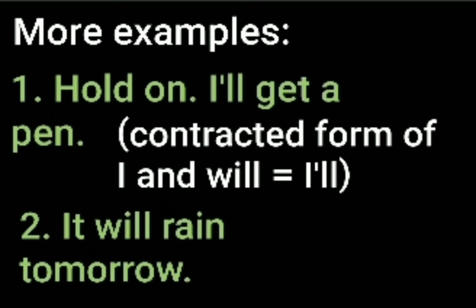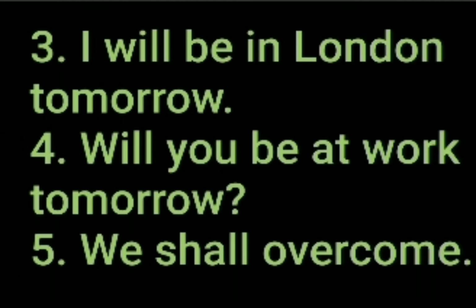In number 1, I plus will plus the main verb get. I'll get a pen. In number 2, it will rain tomorrow. It's making a prediction. The rain did not happen yet or is not happening yet, but tomorrow.